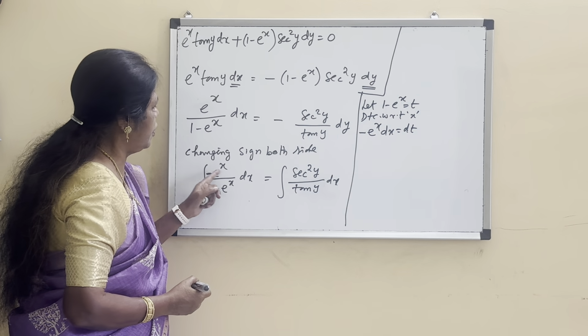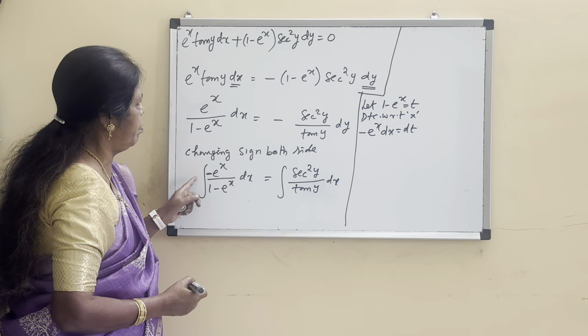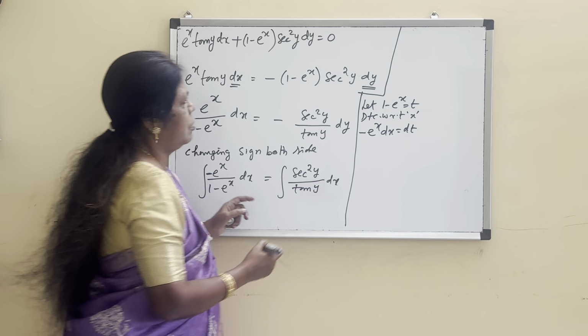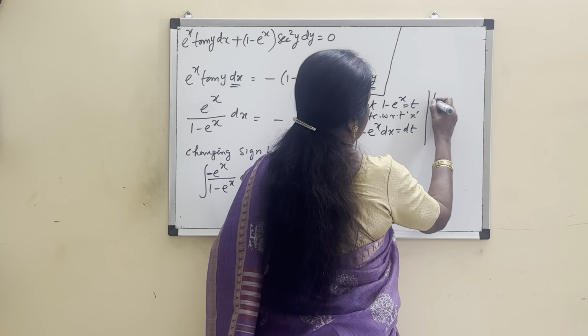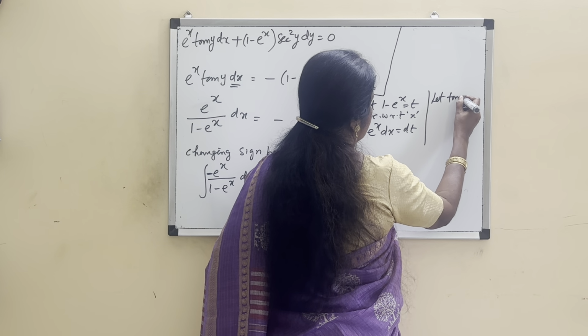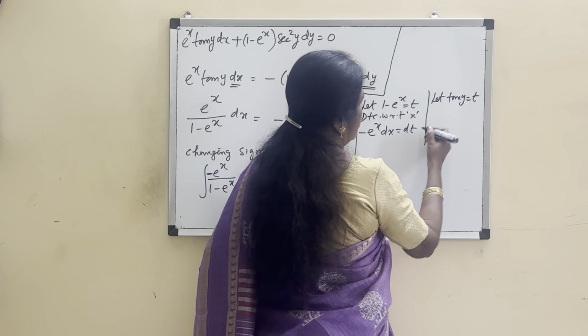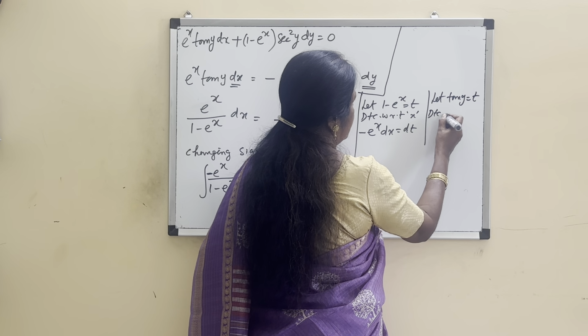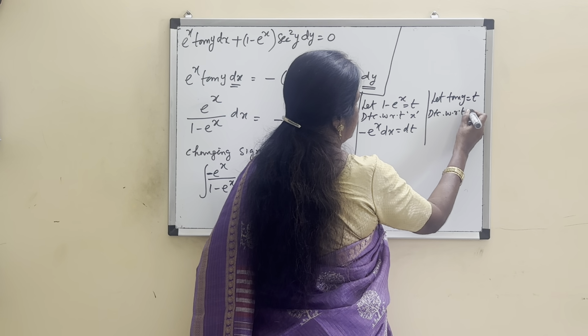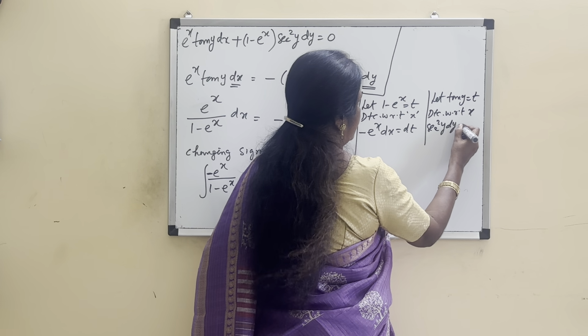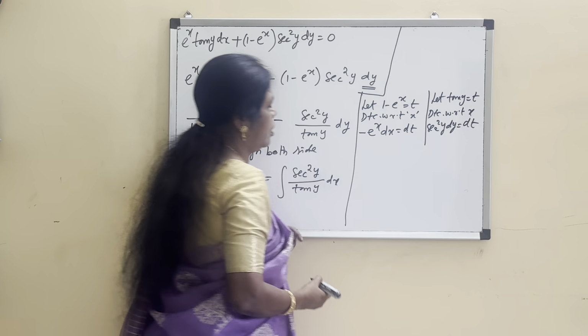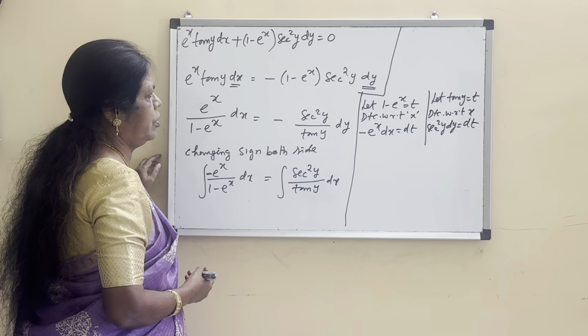We have minus e power x into dx. That's why I am keeping the minus sign this side. On the other side, let tan y equal to p. Then differentiating, secant squared y dy equal to dp.